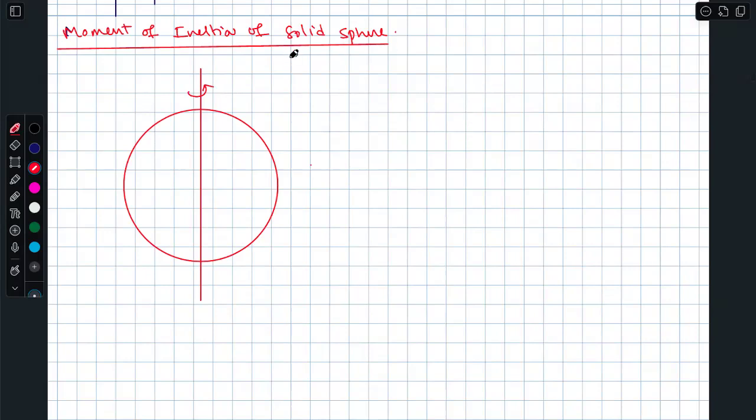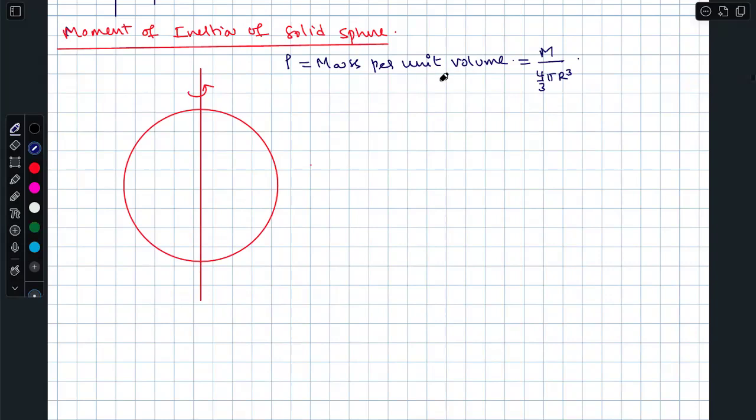Because this is a volume element, you are not supposed to use sigma, now you should use rho. Rho is called mass per unit volume, which is given by m by 4 by 3 pi r cube.